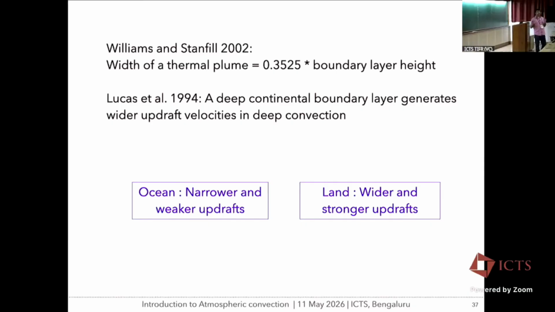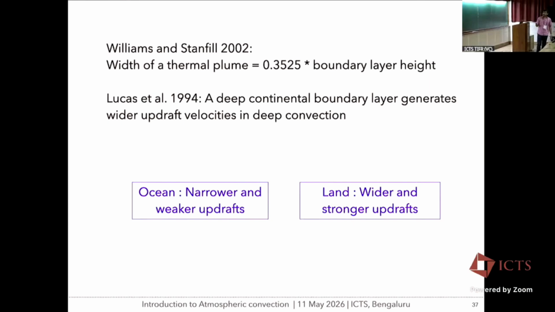So I'll just mention a few observational facts. There were some measurements, and we won't go into the detail, but the boundary layer height over a surface decides what would be the width of the plume that will be going up.